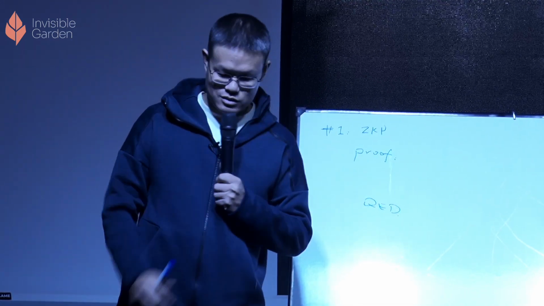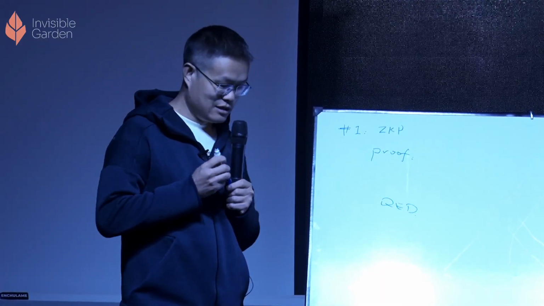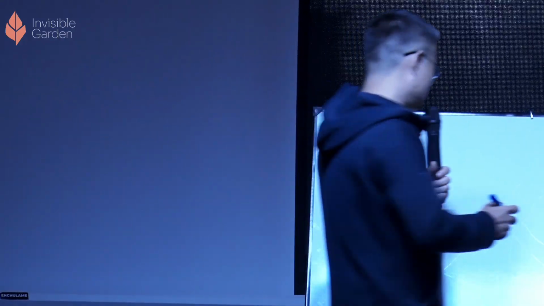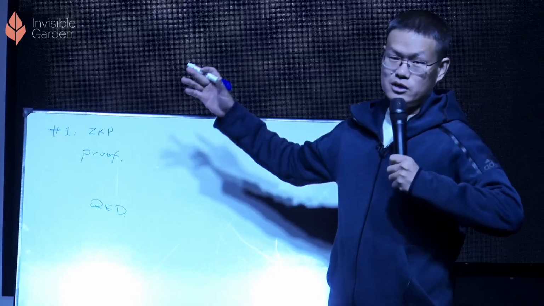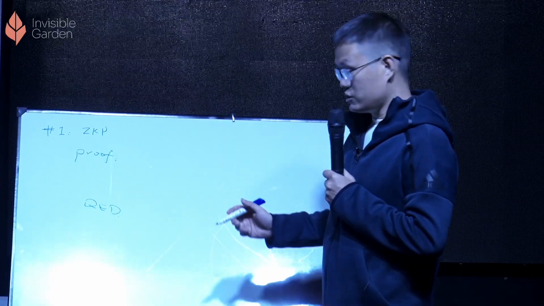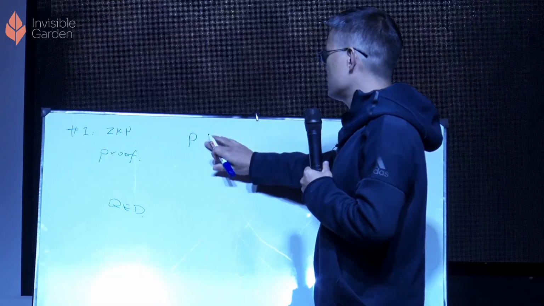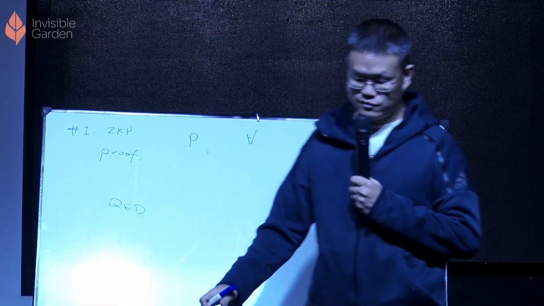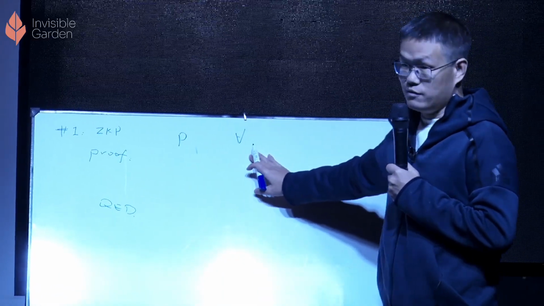During the 1980s, computer scientists extended the concept of mathematical proof from the one-way proof to a much broader concept called the interactive proof. Here we have two roles in this game: a prover and a verifier.